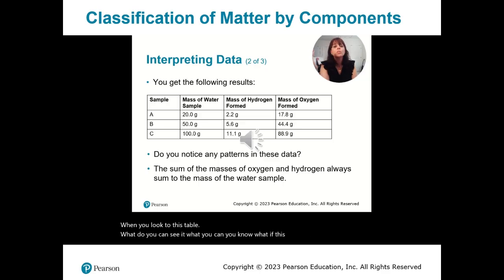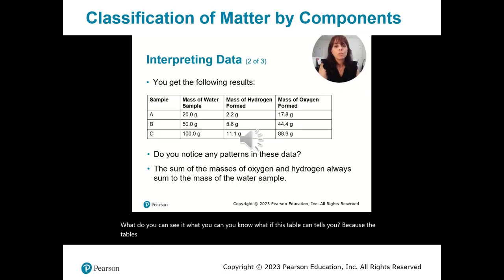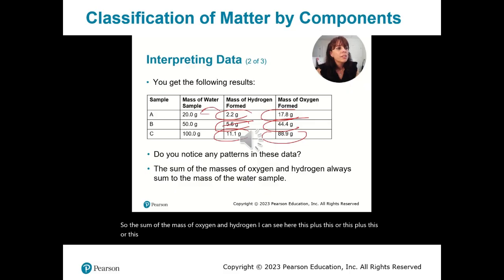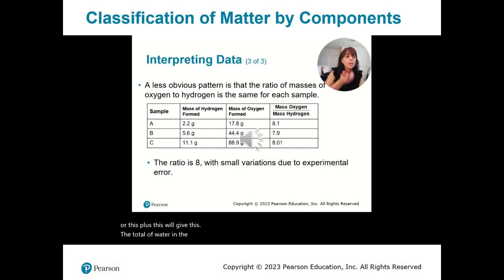Because the tables need to talk to you, as do the graphics. So the sum of the mass of oxygen and hydrogen, this plus this, or this plus this, or this plus this, will give this, the total of water in the sample. So it's the first thing that you can notice.